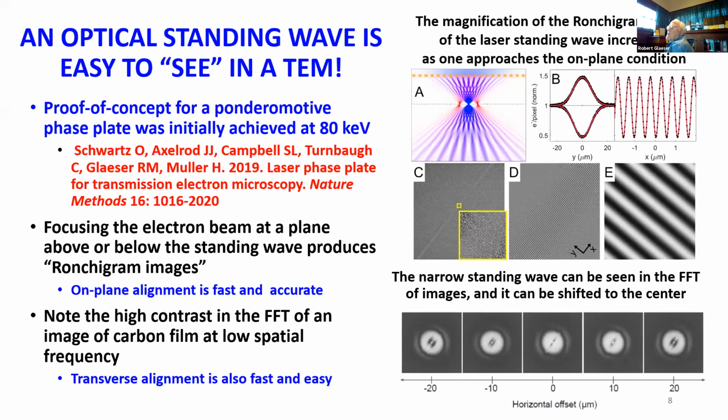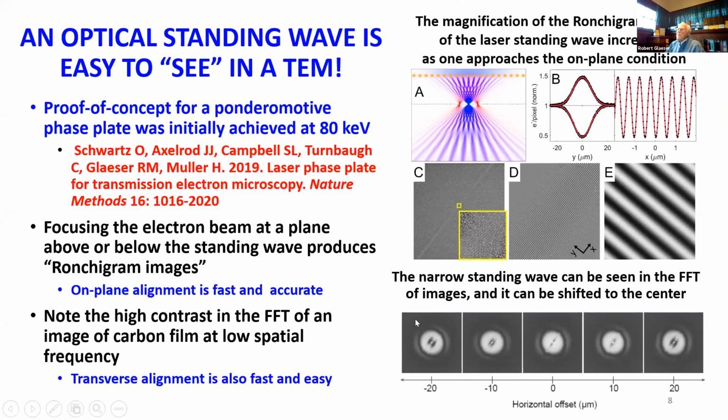Go a little closer to being in focus or on plane, as people say in the phase plate community, and the Ronchigram begins to become magnified as you get closer. You see the standing waves get even closer. It's getting very much magnified. When you're exactly focused on plane with the laser faceplate, then the magnification goes to infinity, and that's the condition you want, to have uniform illumination across the field of view.